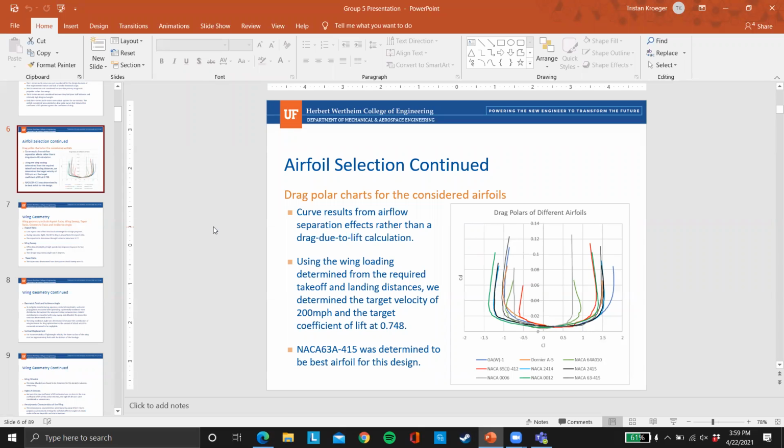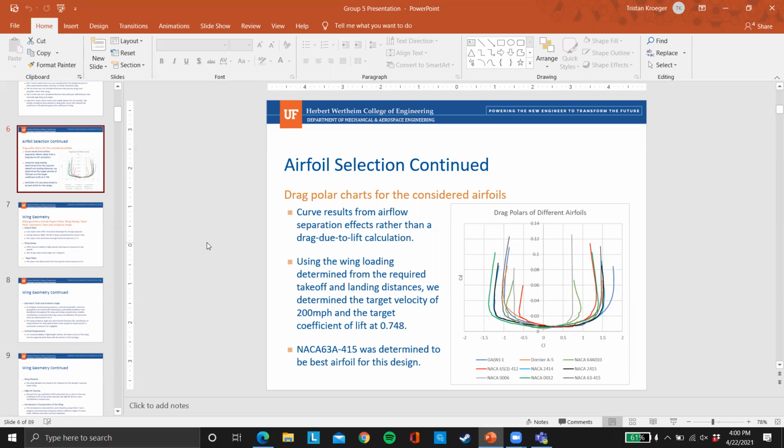And also on this page, using the wing loading determined from the required takeoff and landing distance, the resulting target coefficient of lift is 0.748. Again, I'm not sure if this is a calculation mistake or anything here. I feel this value is too low.